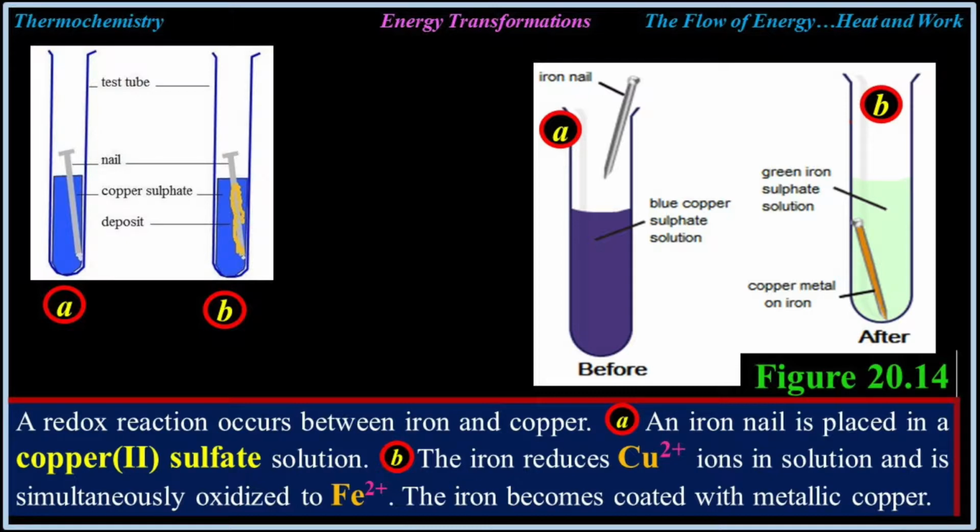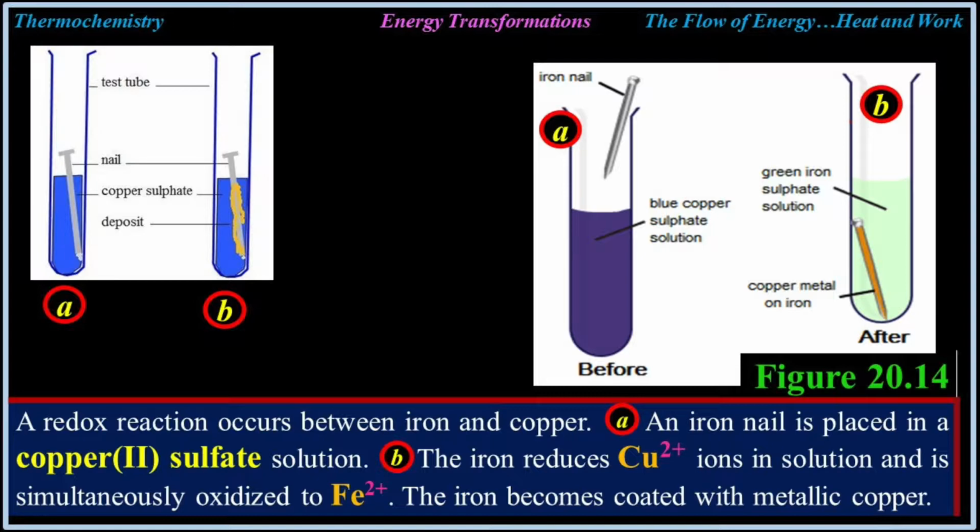So let's read it again. An iron nail is placed in the copper 2 sulfate. So the iron nail becomes, the Fe goes from 0 to plus 2, so that's oxidized. And the copper goes from plus 2 to 0, so that's reduced.